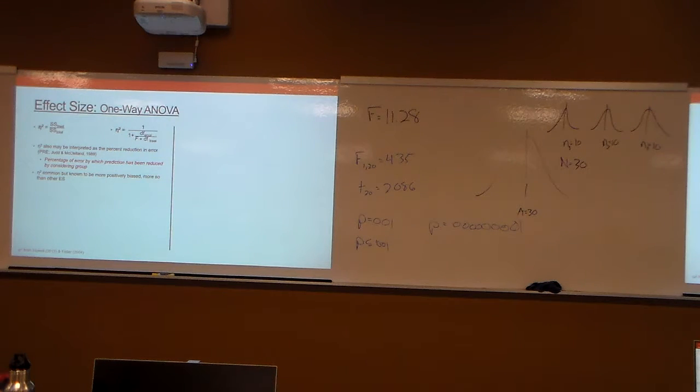In this example, we've got more than 2 groups: 3 groups, 4 groups, or 5 groups. Hopefully you won't get more than 5 groups in a one-way ANOVA at any point, but it's technically possible. So what we want is some way of quantifying the magnitude of the effect in something that is easily communicated.